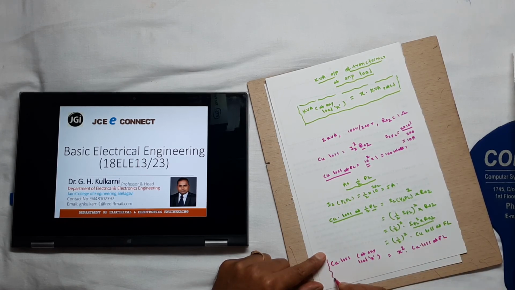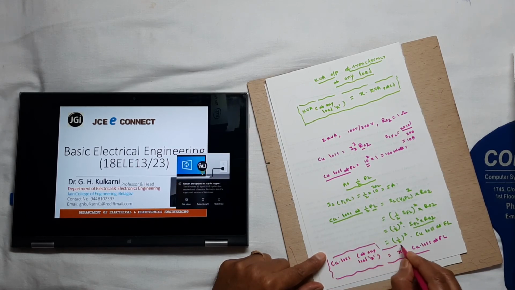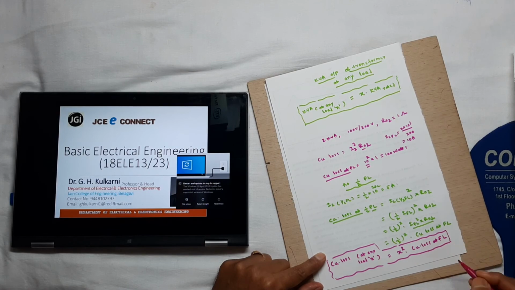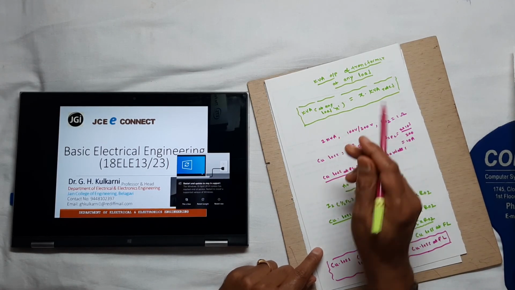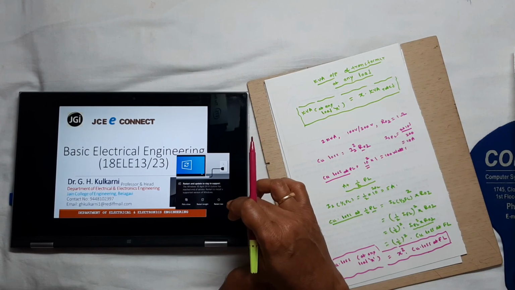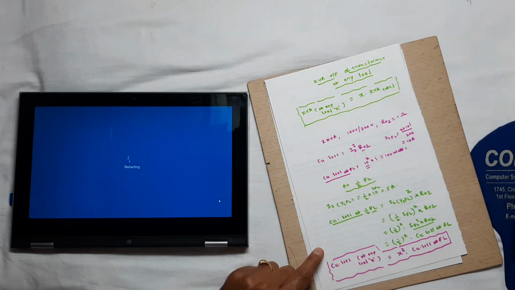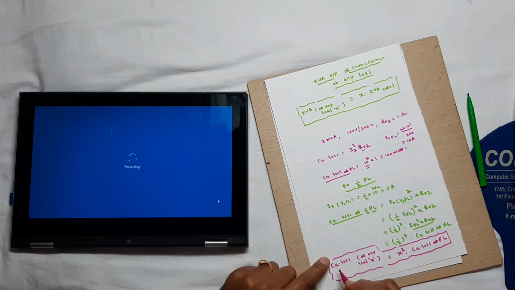This is another important relation you are establishing. There are two important relations. One is that the copper loss at any load X can be written as X square times the copper loss at the full load.